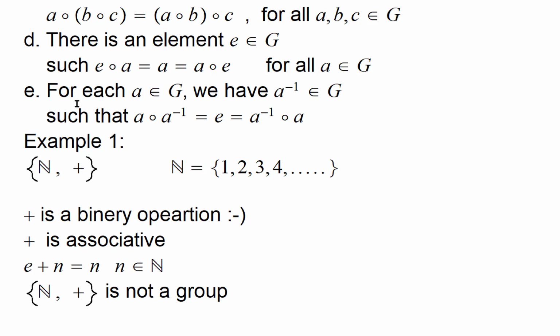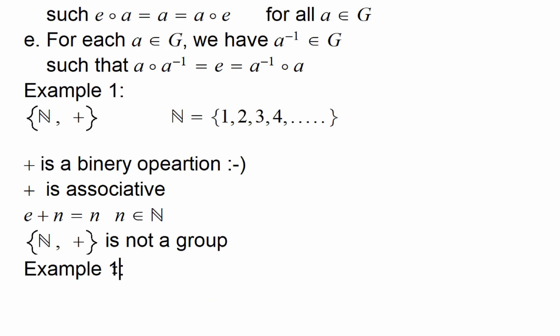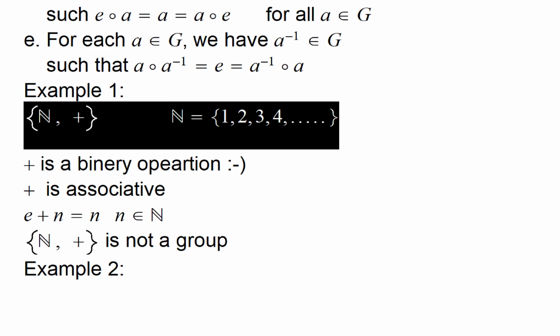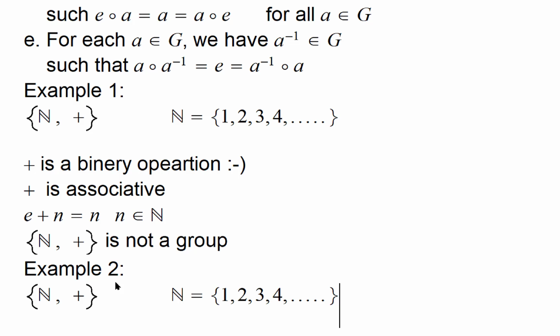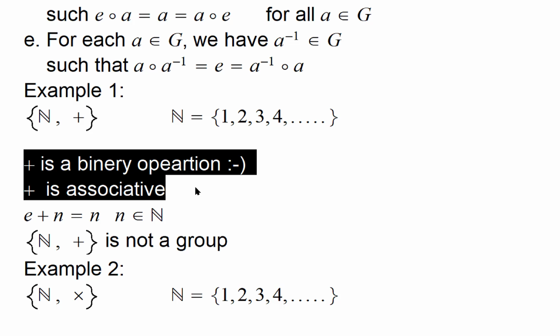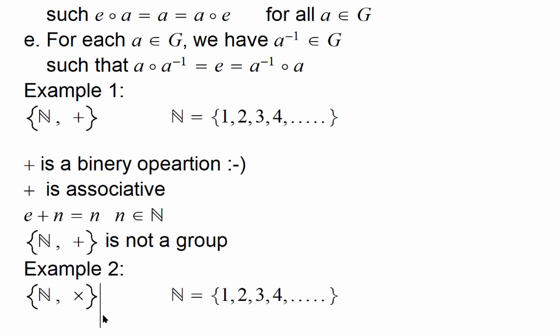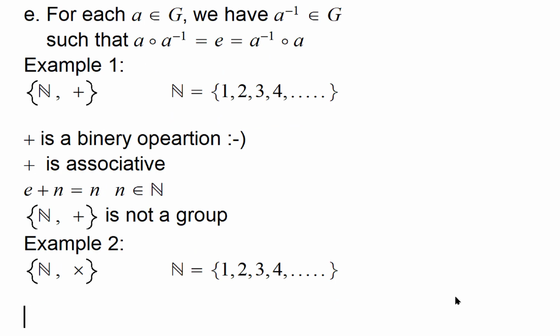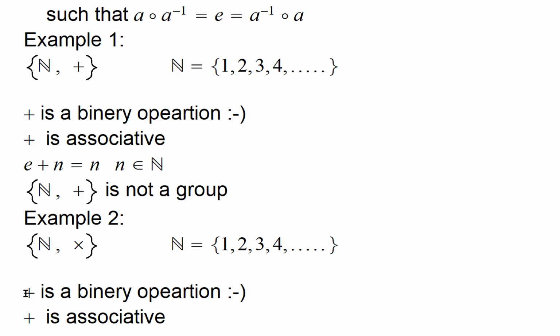Okay. So let's take example 2 then. Well, it did not satisfy the property for addition. How about if we took N with the product of numbers? Here you can see that if we multiply any two natural numbers, we'll get a natural number, right?